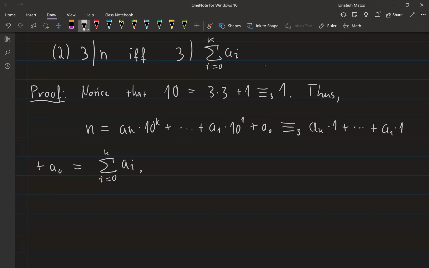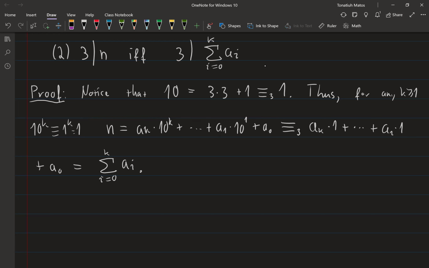If two numbers are congruent, then for any k bigger or equal to 1, 10 to the k is 1 to the k, which is 1, mod 3, right? And this is a property, one of the first theorems, basic properties about congruences.